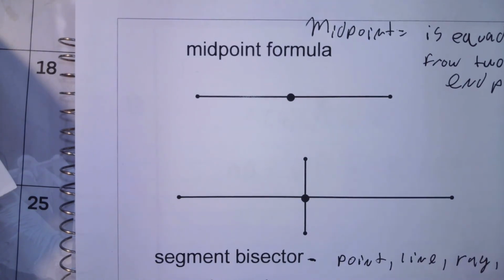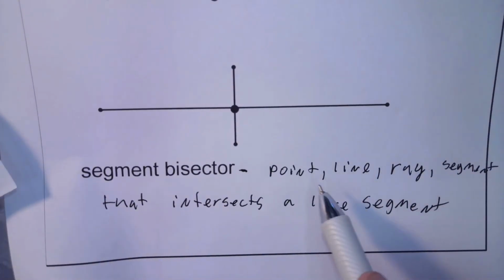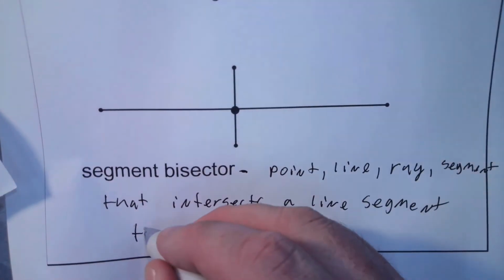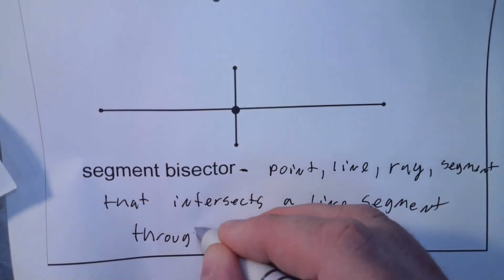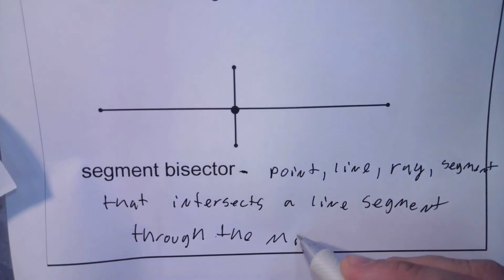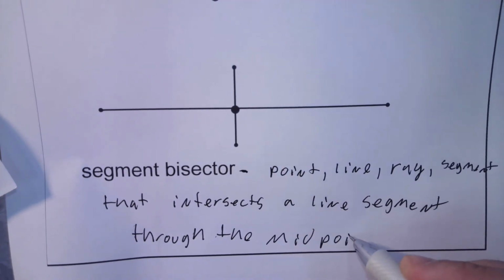You can't see anything I'm writing. A point, line, ray, line segment that intersects a line segment through, what do we think? The midpoint.